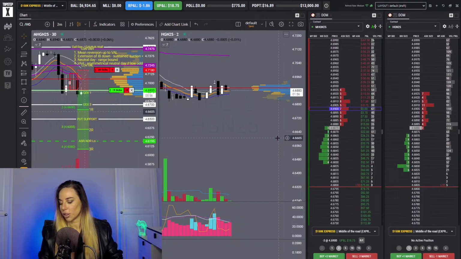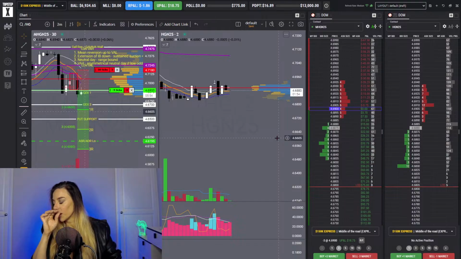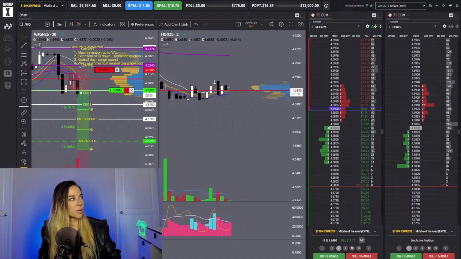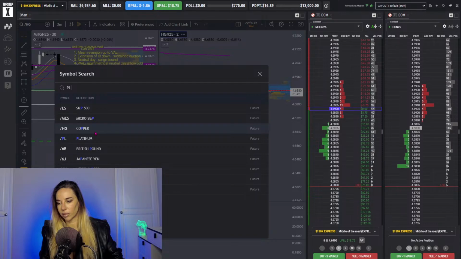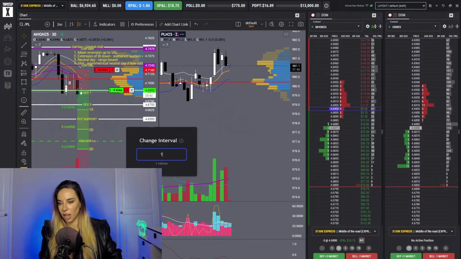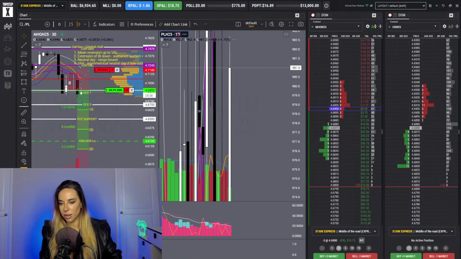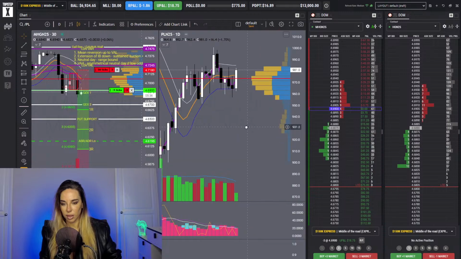J Sim says I'm still in PLD. Okay, yeah. Let's have a look at platinum, shall we? Daily chart as always, first and foremost. Haven't really traded platinum much.